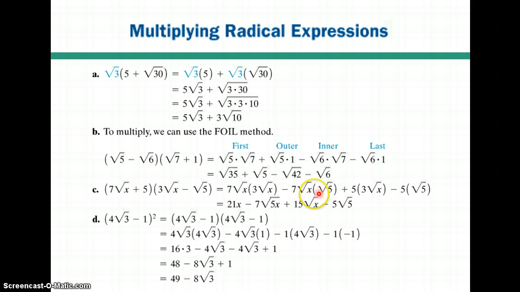Here in this radical expression, they have the same index, so we can write under one radical sign the product of 5x, plus 5 times 3 is 15 square root of x minus 5 square root of 5. So in this radical expression, the radicals are not like radicals, so we cannot add or subtract further.